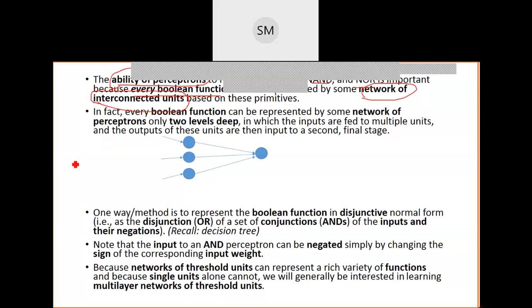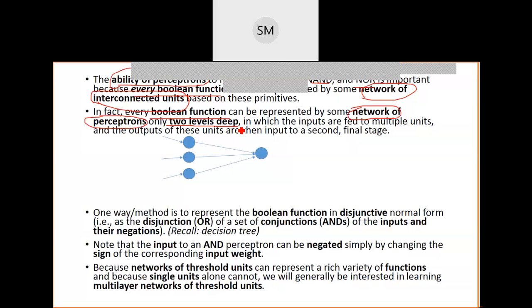In fact, every Boolean function can be represented with some network of perceptrons with only two levels of depth. Deep here means there will be only two layers. One layer gets some inputs, and the output of this layer is the input to the next layer.